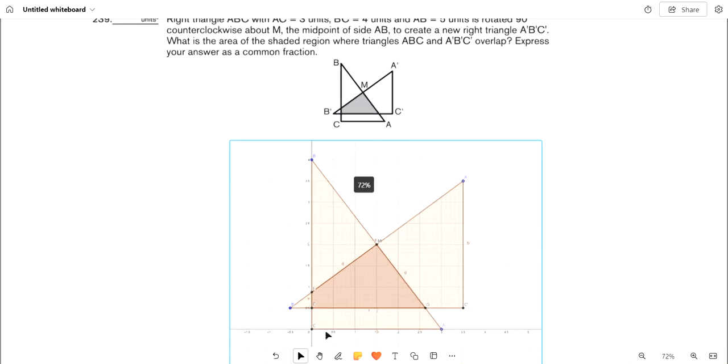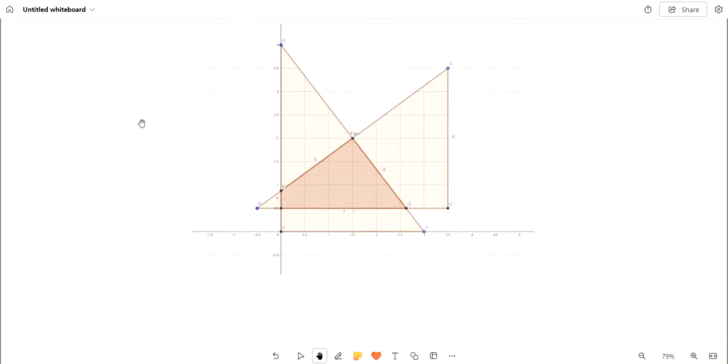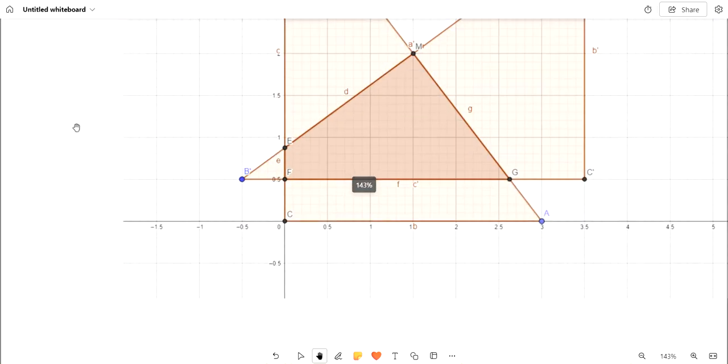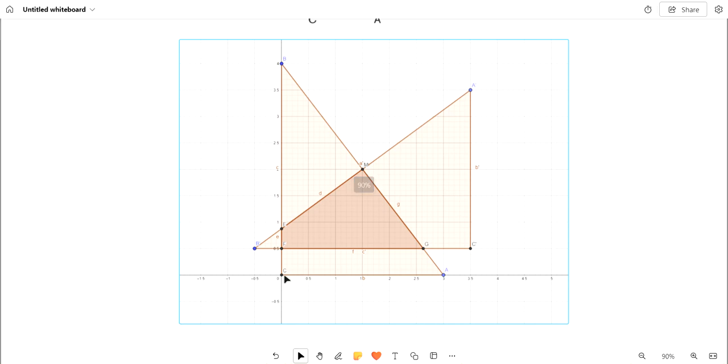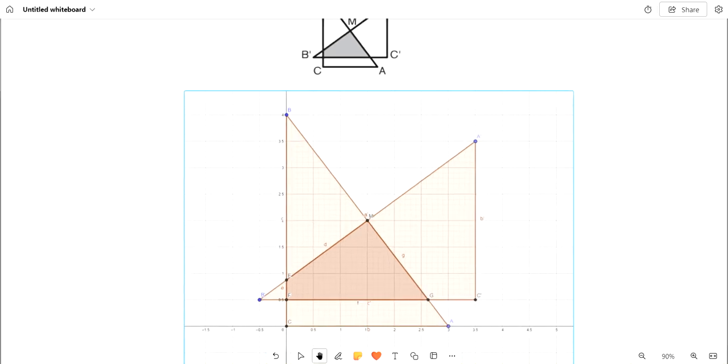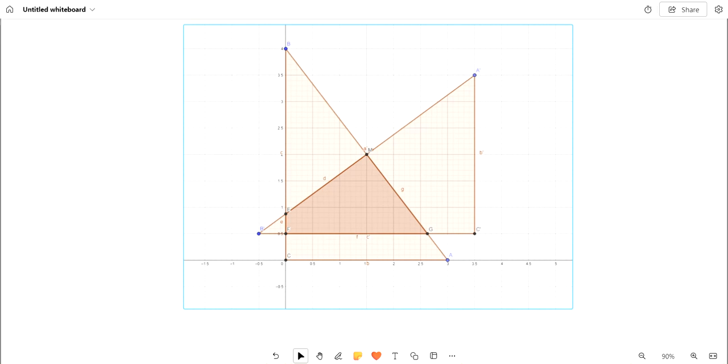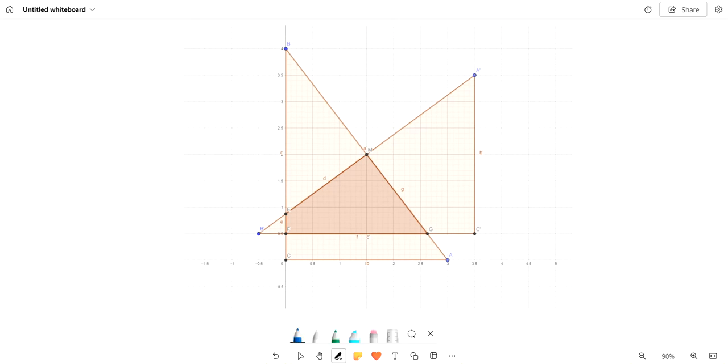So let's just draw a new picture here where we have a coordinate plane, and we set C as the origin, and every unit is just 1. So then we see that this would become 3, 0, then 4, 0, and this is 0, 0.